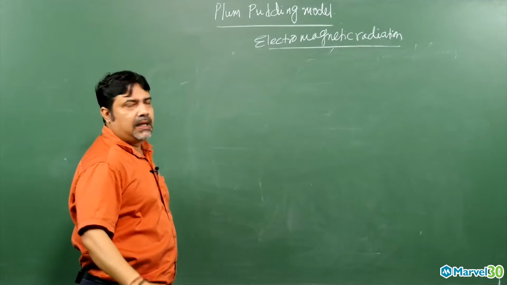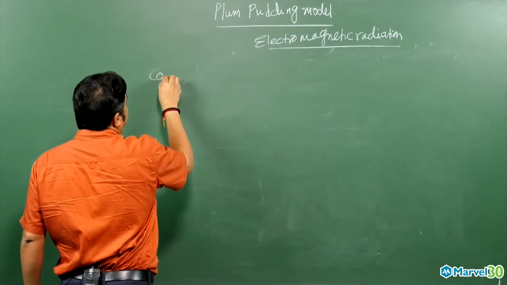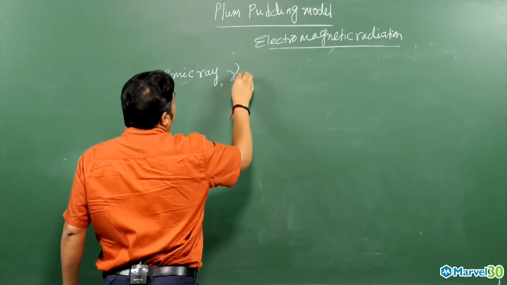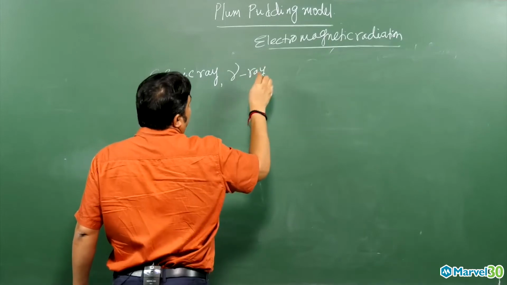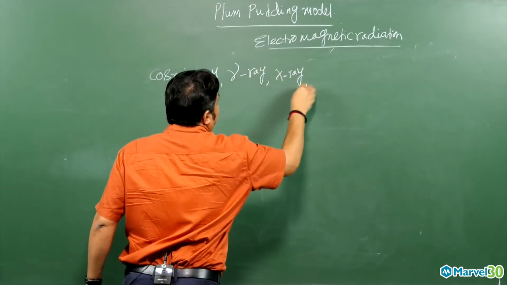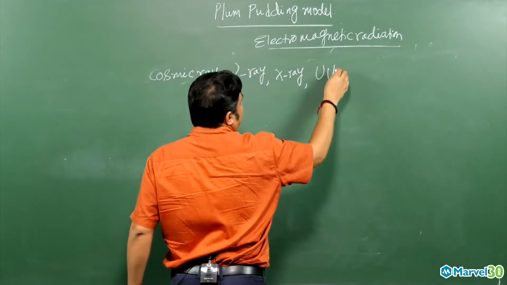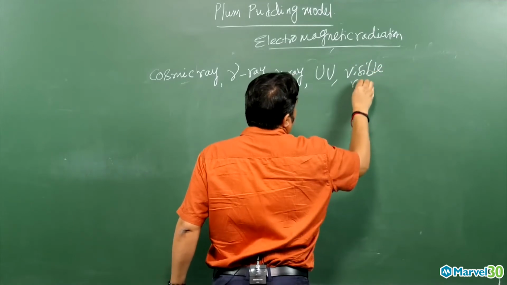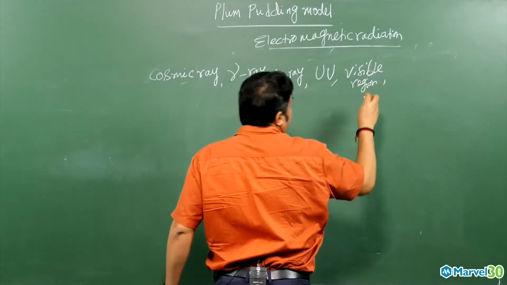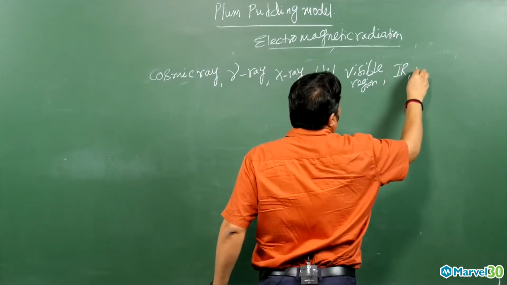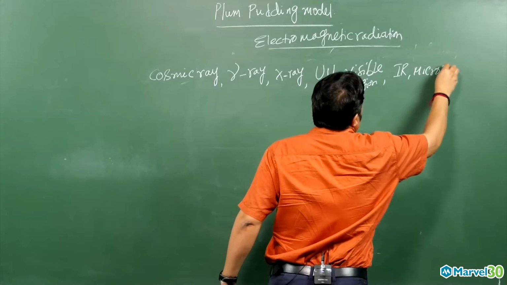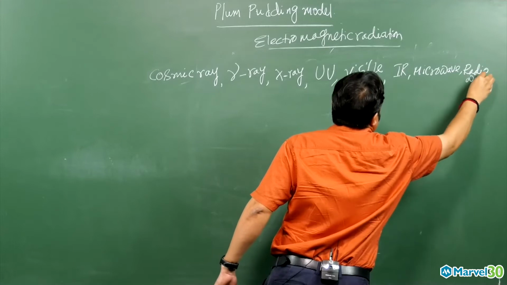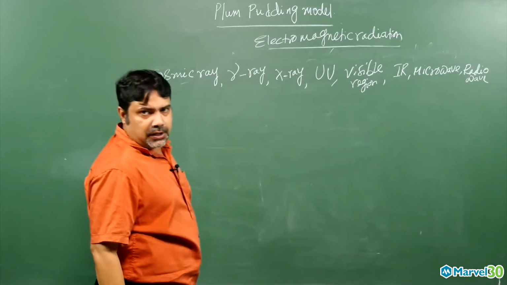I am writing cosmic ray, then gamma ray, X-ray, UV, visible region, then IR meaning infrared, microwave, and then radio wave, and in radio wave, last there is FM. You know all those things.